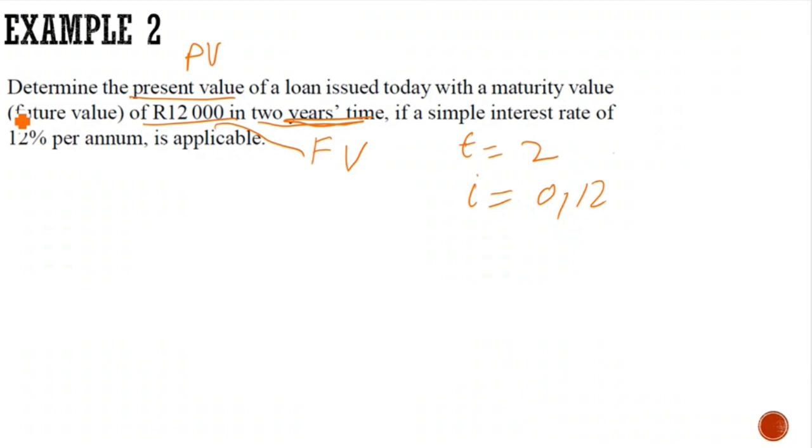Your simple interest is per annum, that is a year, and your time is also in years. It's not monthly, it's not quarterly. I'm not really going to calculate, but I just want to show you this is how you extract information. There's nothing you can do here. Just substitute into the formula and get what they are looking for.